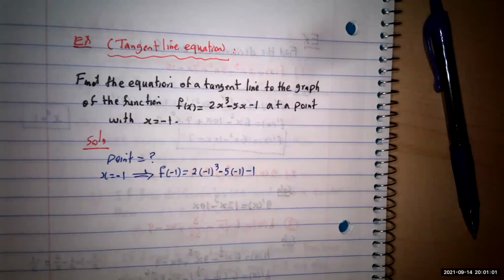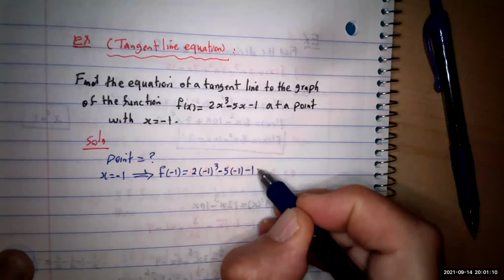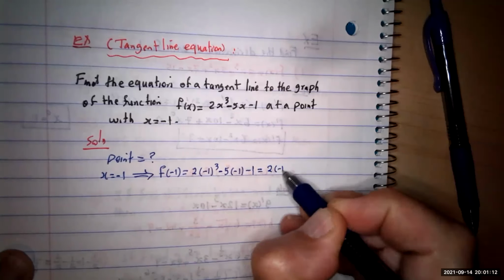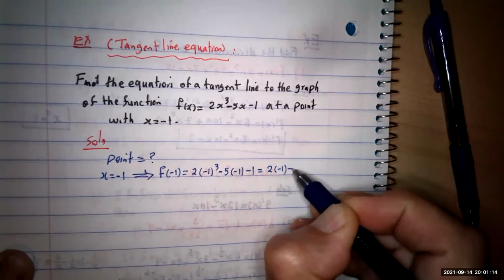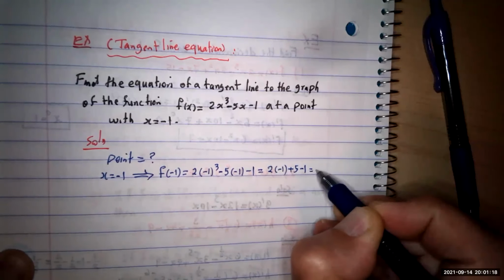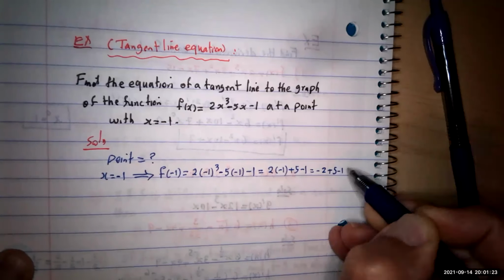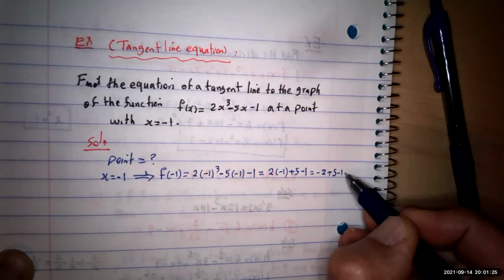Negative 1 to the third would be a negative 1 here. So this is going to be 2 times a negative 1, and negative times negative gives a positive 5, and the minus 1. So that gives you negative 2 plus 5 minus 1. Negative 2 and the negative 1, negative 3. So the result would be 2.